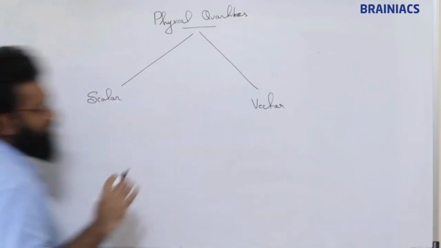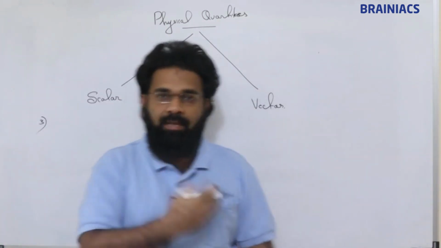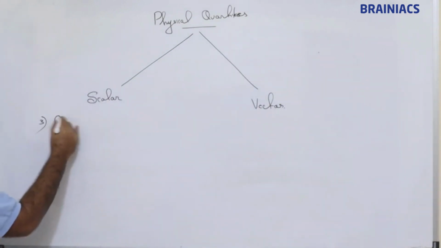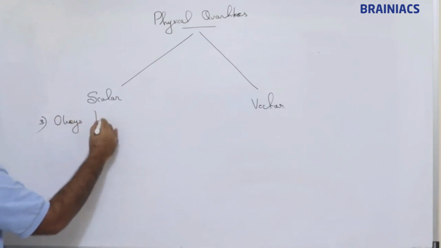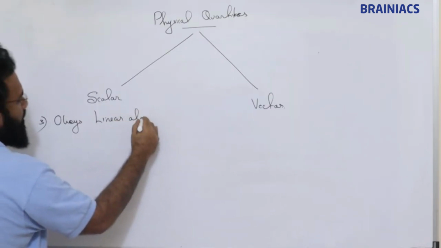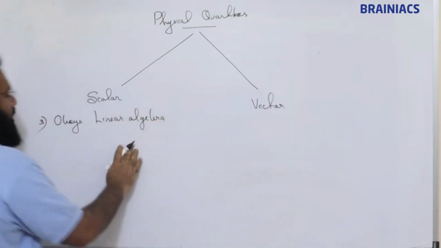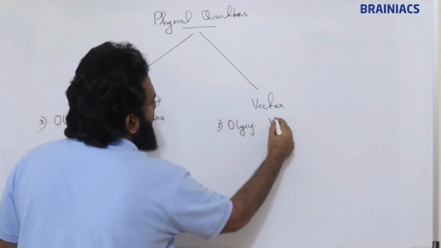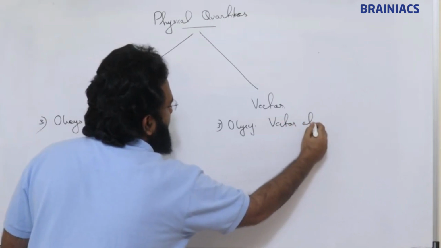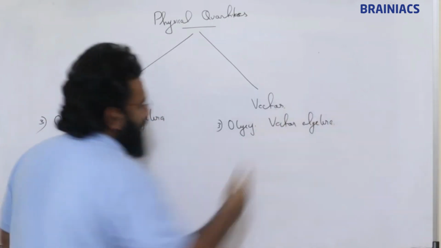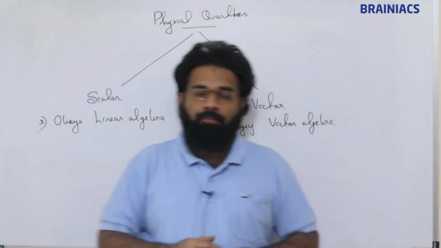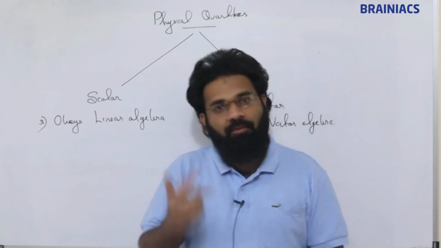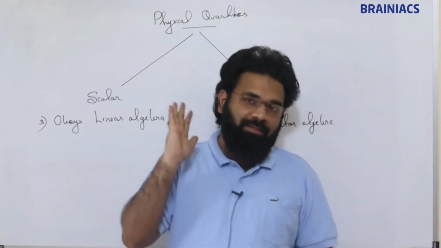Third point, we saw the basic difference between scalar and vector. In the difference itself, the third point is: scalar obeys linear algebra. What is it? I'll explain. Here, vector will obey vector algebra. Linear algebra: just if we say 2 plus 2, 4; 2 plus 3, 5; 2 into 3, 6.